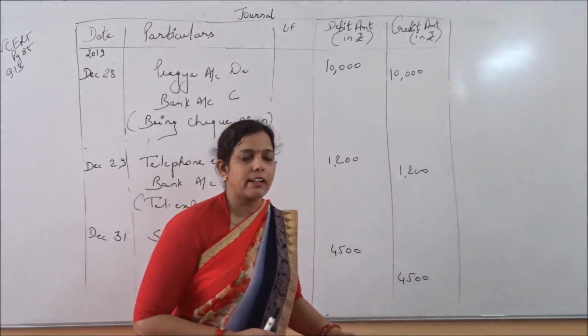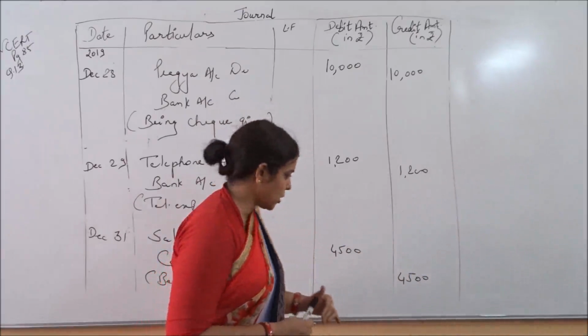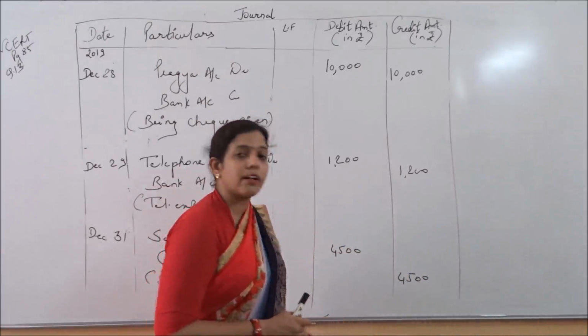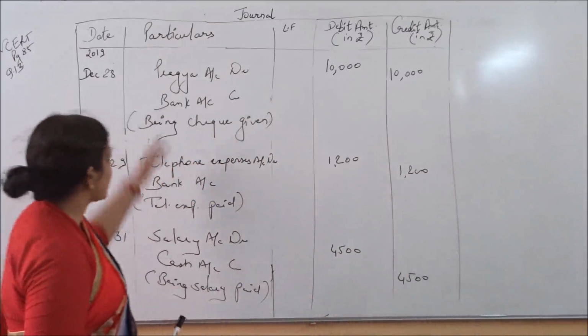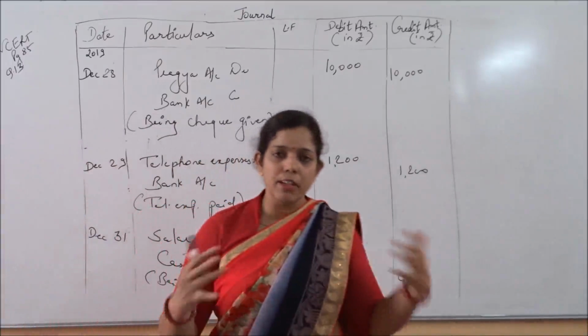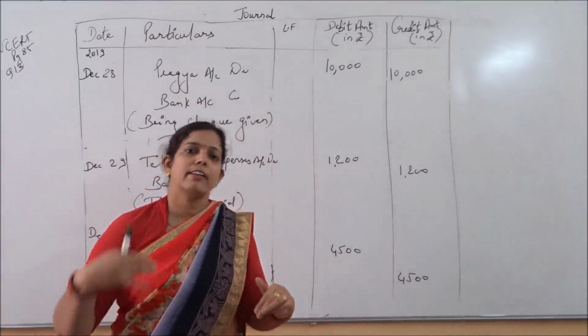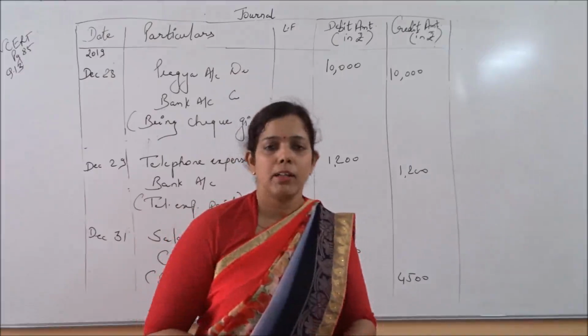You will write like that: total brought forward from the previous page. Then you will write the total, and then you will start the next transaction. In this way, whatever totals are coming on every page, those totals have to be brought forward first of all, and then you have to start the remaining transactions.